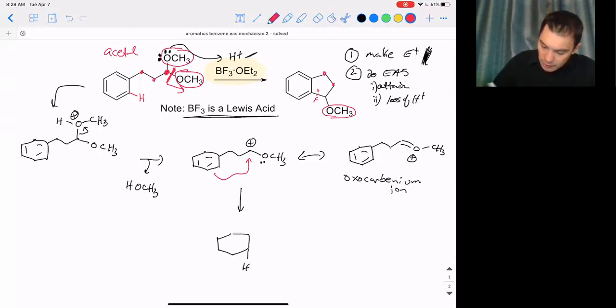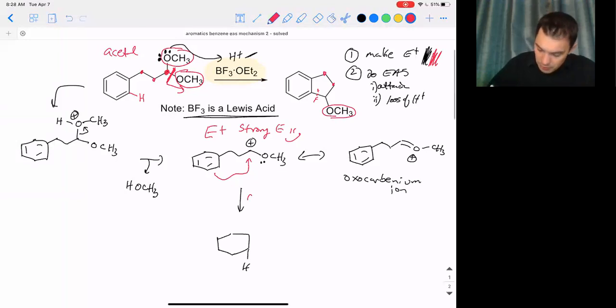Ooh, and let me go ahead and label this. This is going to be our E+, our strong electrophile. And if we know we're there, then that means we've completed the first half of the EAS mechanism. So right there. So everything else now is going to be just following the standard two-step EAS mechanism.